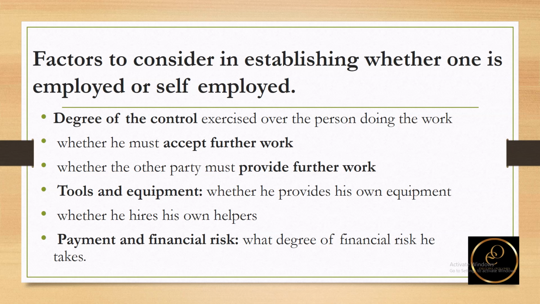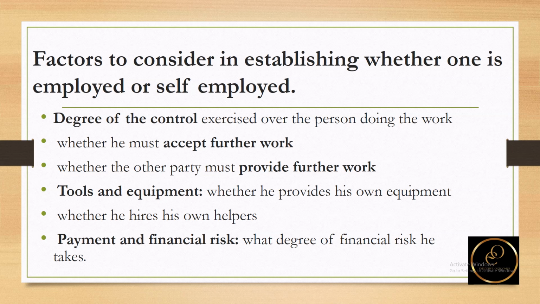If you want to know whether someone is self-employed or an employee, look at the degree of control exercised over the person doing the work. If you notice a high degree of control, for instance for an employee, this person needs to be closely supervised and will be dictated to according to the terms of employment. You'll be told, for instance, when to report and when to stop work.